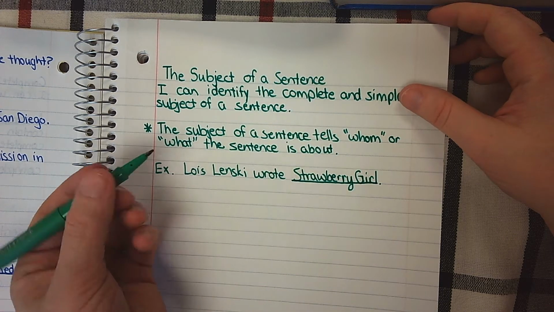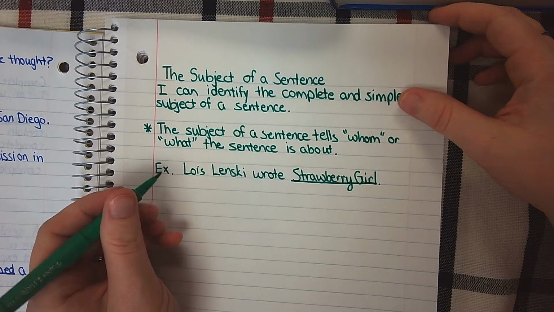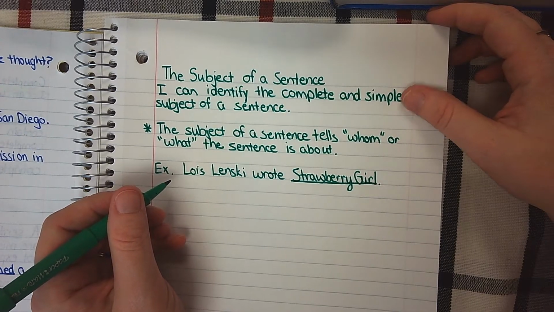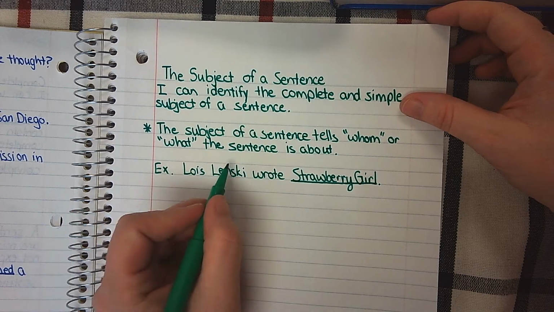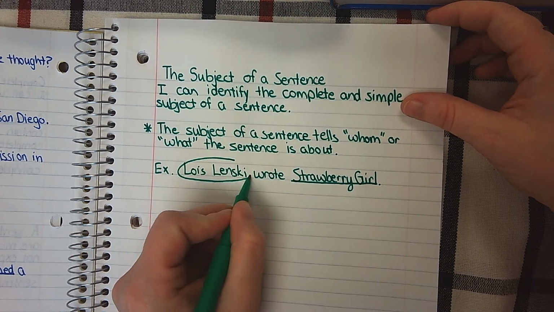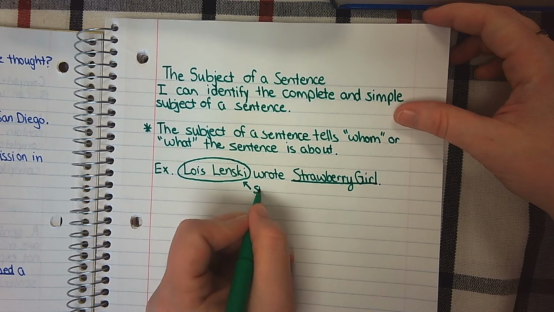But as I said before, the subject tells whom or what the sentence is about. So in this sentence, Lois Lenski wrote Strawberry Girl, who is the sentence about? The sentence is about Lois Lenski. So I want you to circle Lois, and let's draw an arrow to it to say that this is our subject.